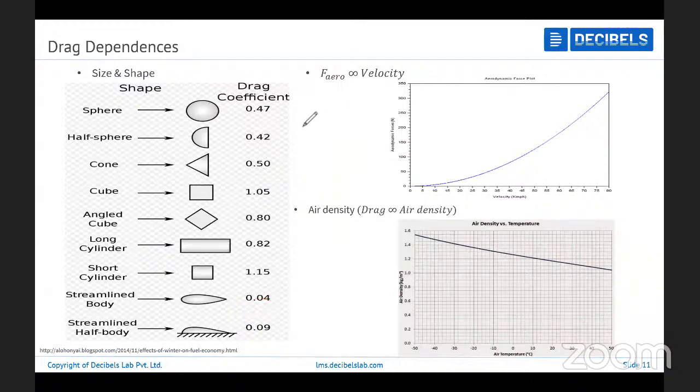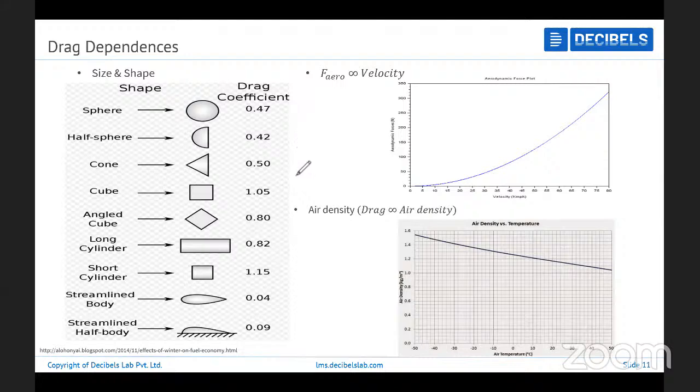That's why vehicle dynamics comes into play. People are always trying to go for a lower Cd value, that is, the coefficient of drag.